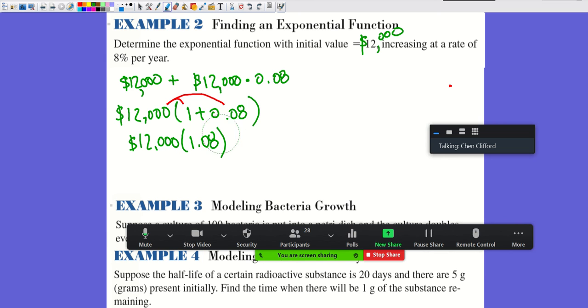And that's after 1 year. I should put a little 1 right here. Okay, that's after 1 year.